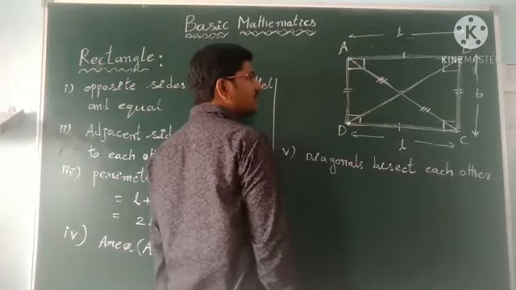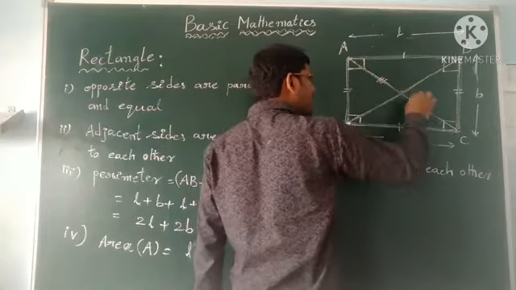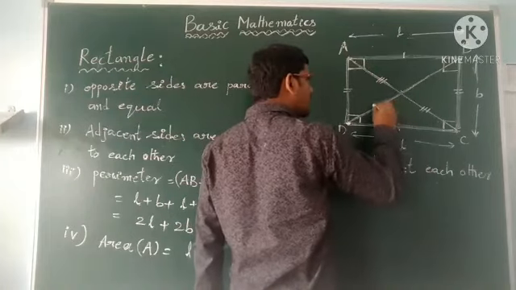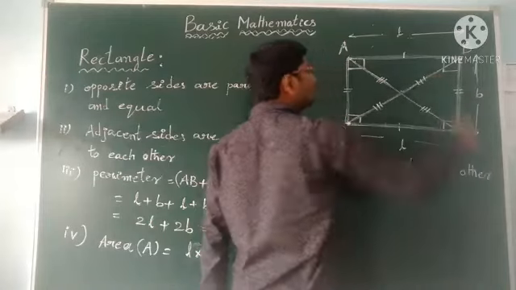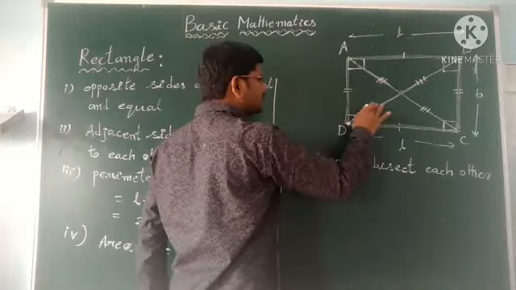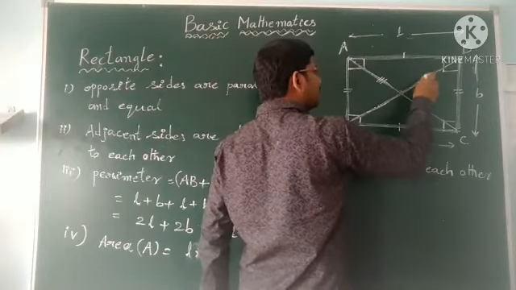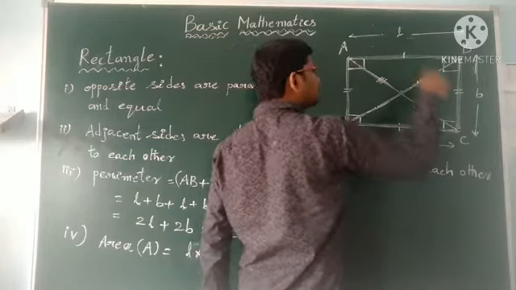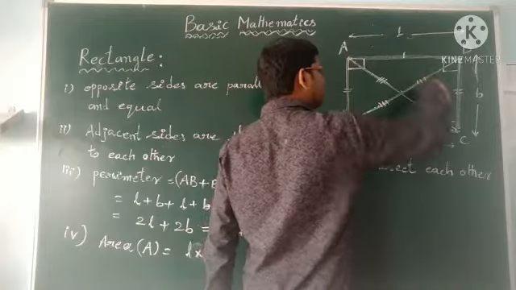Means this length will be the same as this length. Okay students, and this one diagonal is dividing into two parts, and these are also equal. Diagonals just bisect each other, so these lengths are equal.